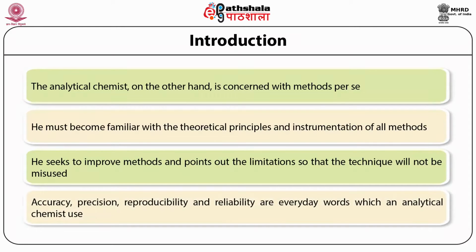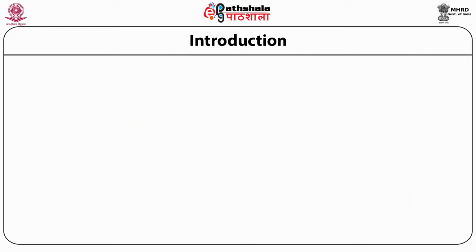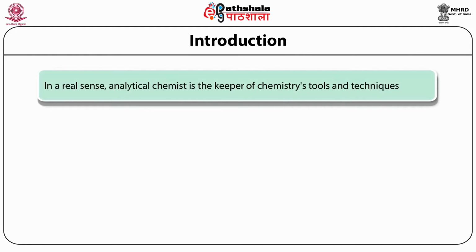Accuracy, precision, reproducibility, and reliability are everyday words which an analytical chemist uses. In a real sense, the analytical chemist is the keeper of chemistry's tools and techniques.